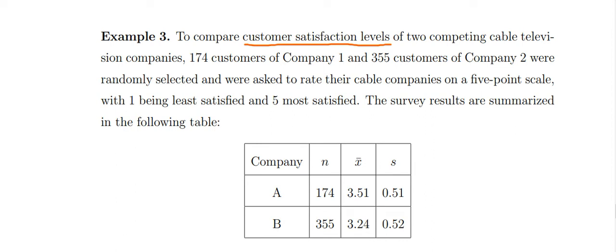So we do a survey. We ask 174 customers for company A and 355 for company B, and the certification level is from 1 to 5. We just ask customers to pick one: 1, 2, 3, 4, 5.